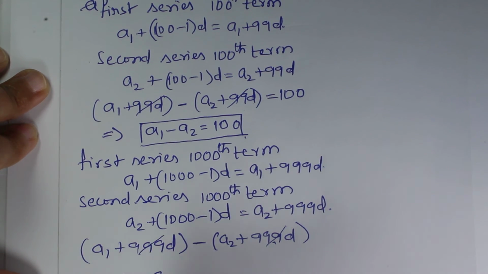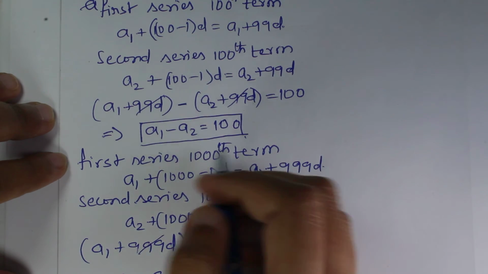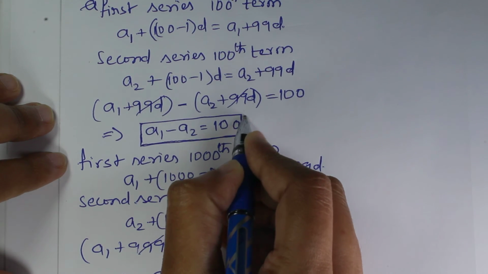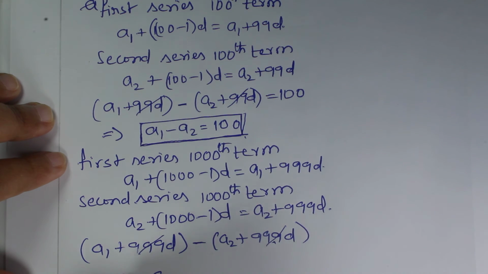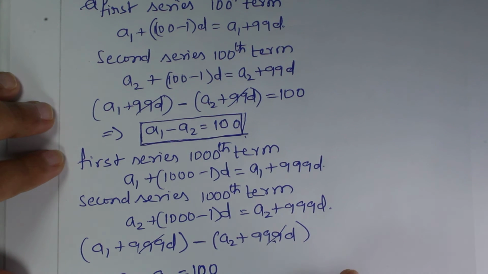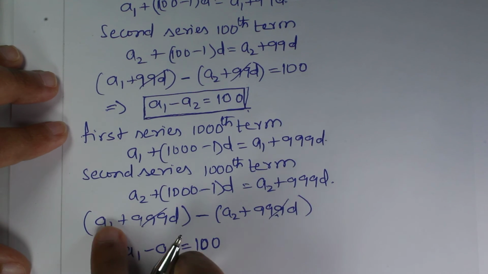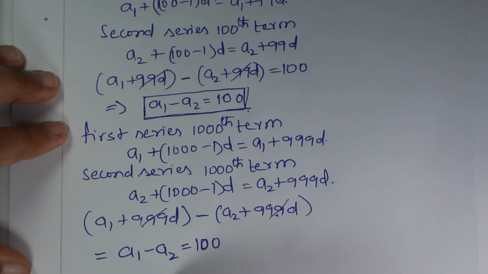But by solving the first equation we got A1 minus A2 is equal to 100. So the difference between the 1000th terms is also A1 minus A2, which is equal to 100. Hope this is clear for you. So the difference between the 1000th terms is the same as the difference between the 100th terms, that is 100.